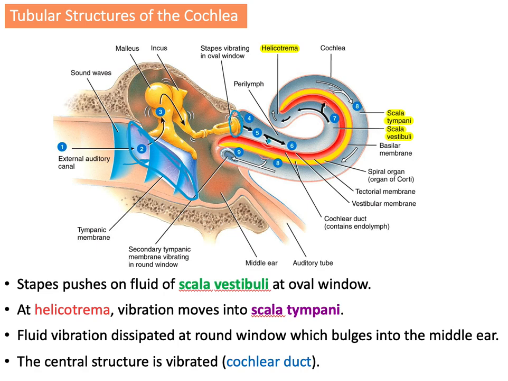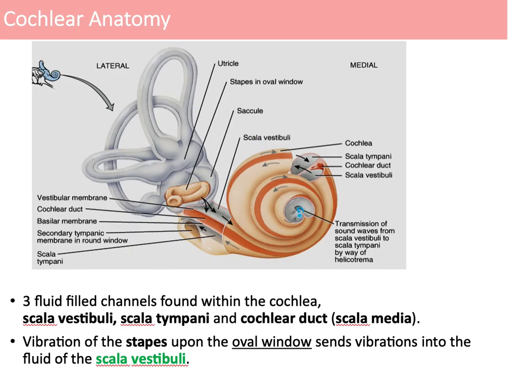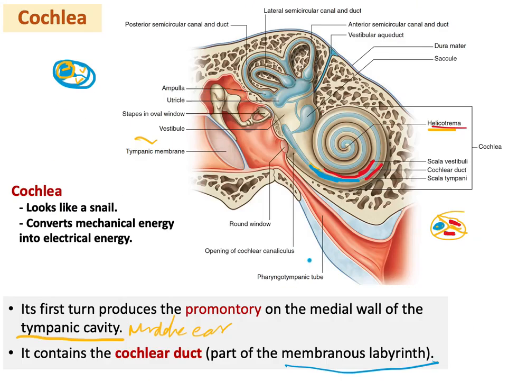So in the scala vestibuli, the perilymph is moved and pushed until it reaches the last point, which is here, the meeting point. Let me show you. Here is the meeting point, helicotrema.